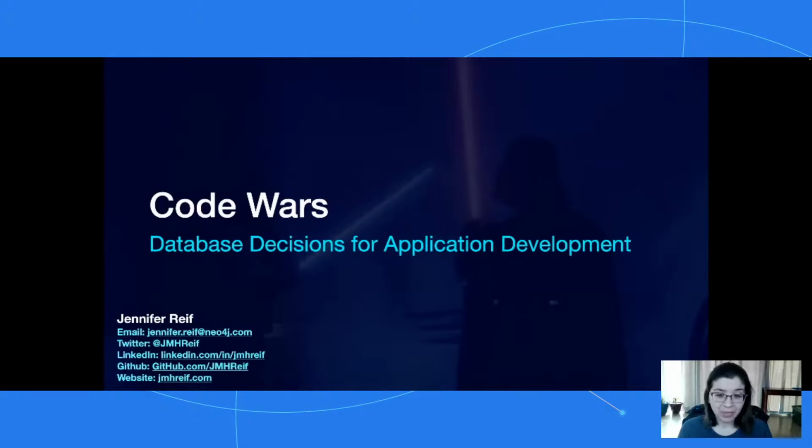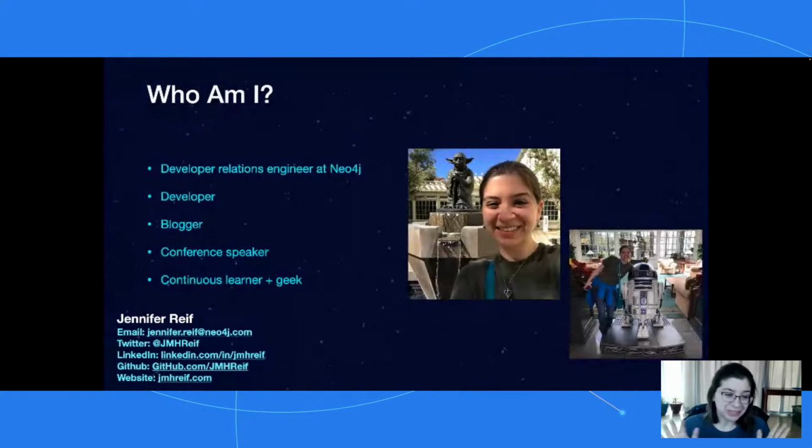So with that, I'll give you a quick history of me. I'm a developer relations engineer at Neo4j. I like to write code, and then I like to turn around and share what I've learned, share the code, and show others my experiences along the way. I do that in a variety of ways, whether that's blogging, conference speaking, online meetups, groups, or events like this.